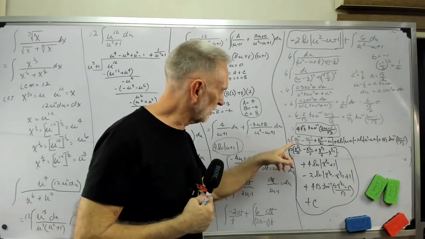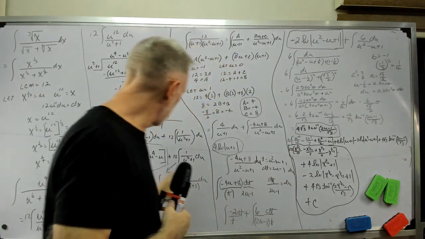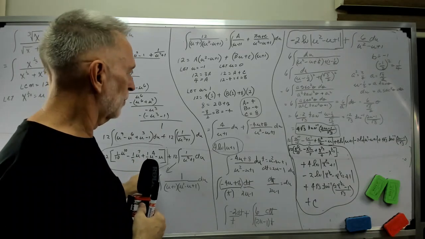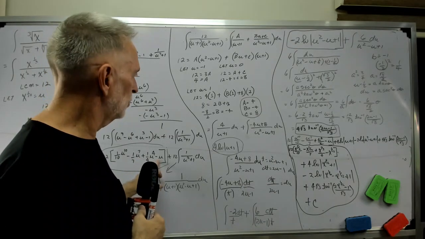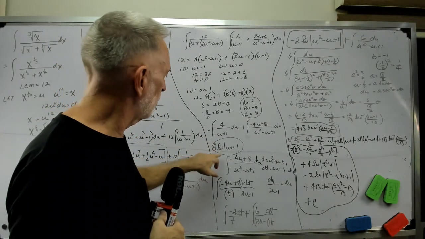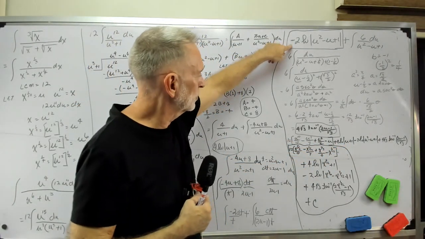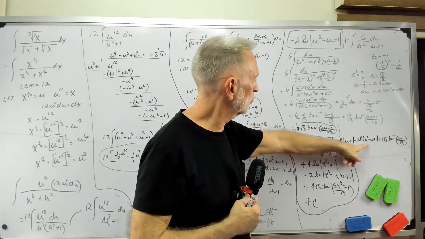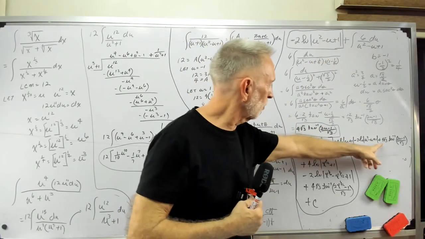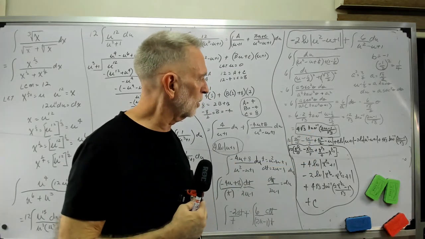So if I put that together, I end up with 12 times u to the 10th over 10 minus u to the 7th over 7 plus u to the 4th over 4 minus u plus 4 natural log u plus 1 minus 2 natural log u squared minus u plus 1 plus 4 square root 3 times tangent inverse of 2u minus 1 over square root 3.